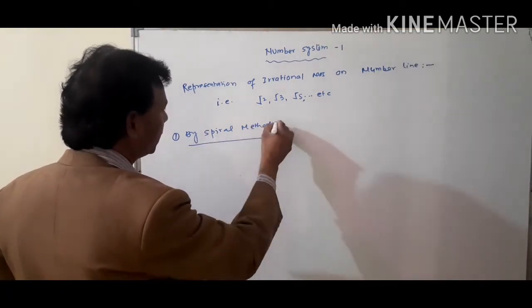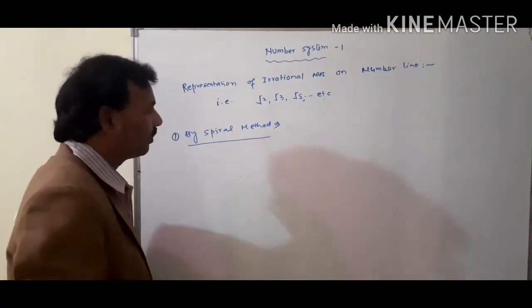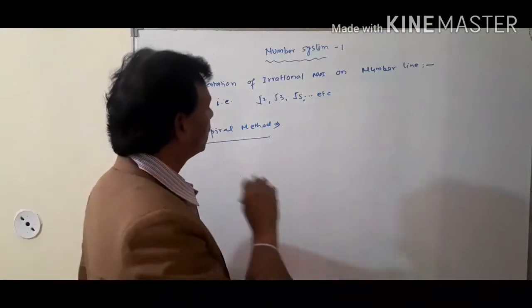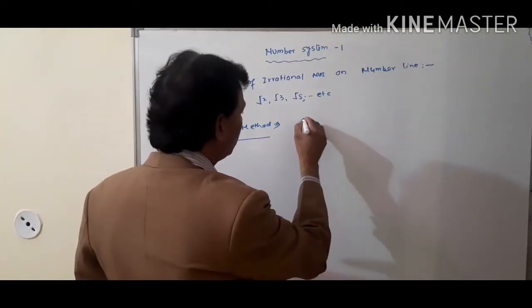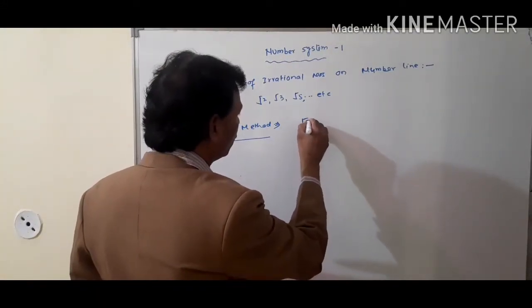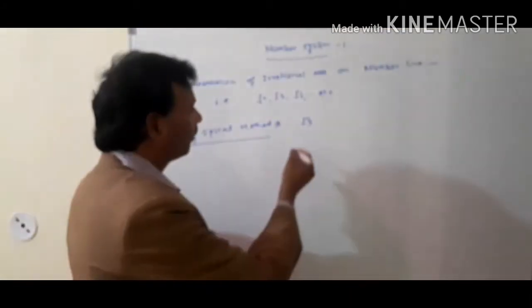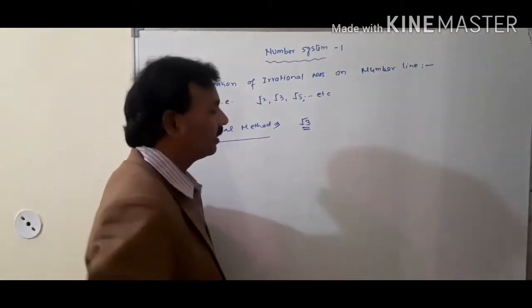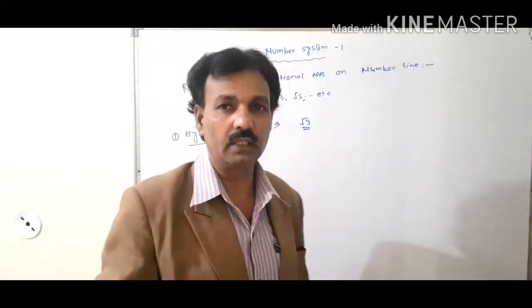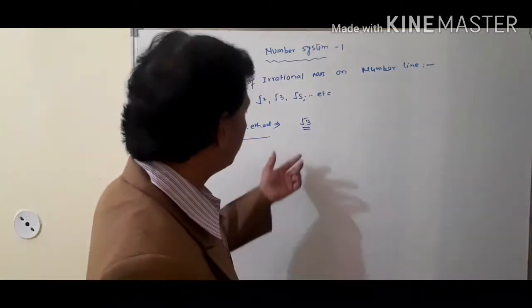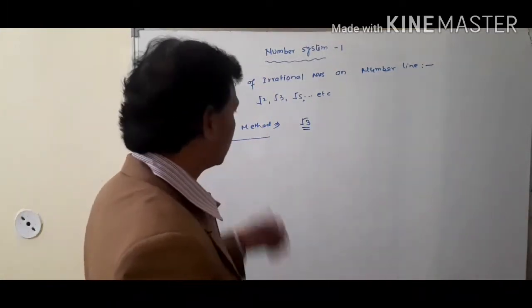What is the spiral method and how to represent any irrational number on the number line? Suppose we want to represent root under 3 on the number line. Then how to represent this by the spiral method?